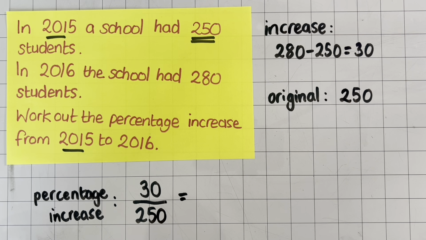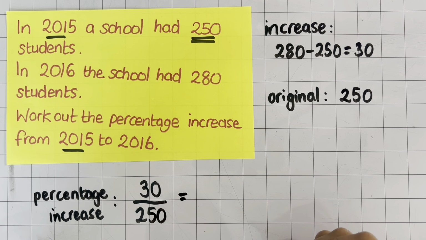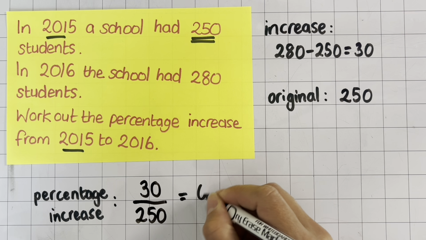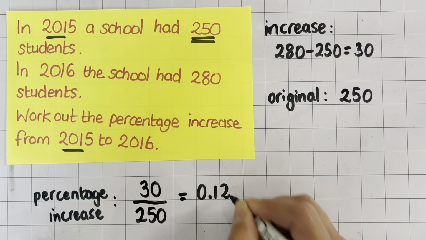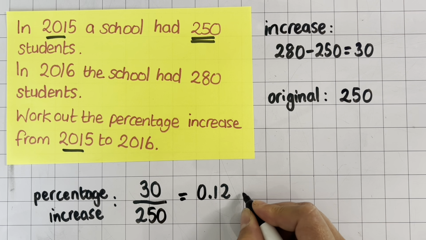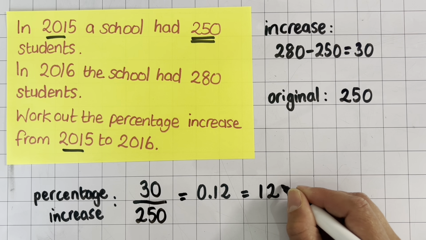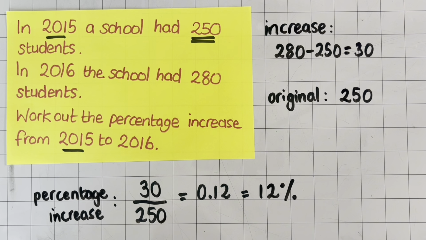And if we use the calculator to convert that into a decimal, and we can do 30 divided by 250, then we will get 0.12. And we can see that to convert that into a percentage, we times it by 100, which will give us 12%. So this is the topic where we convert between fraction, decimal, and percentage.